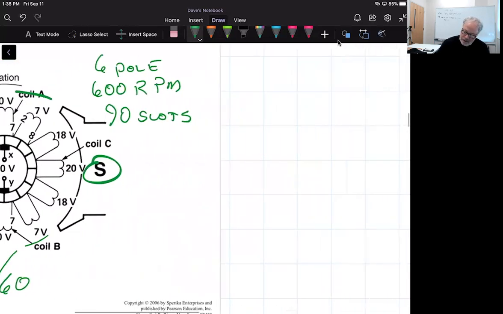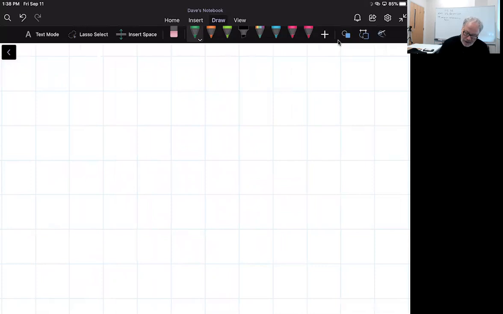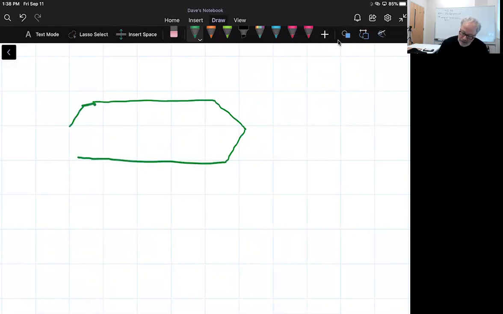So let me just bring something up first. If we were looking at a motor coil, we think of it as having one side, and then it comes down and comes back on the other side.